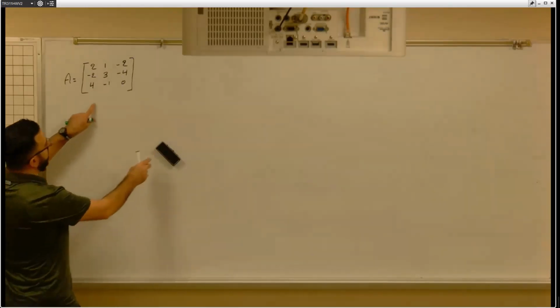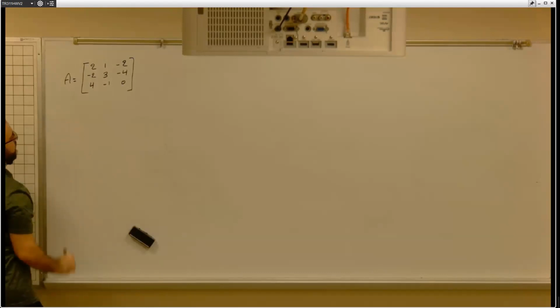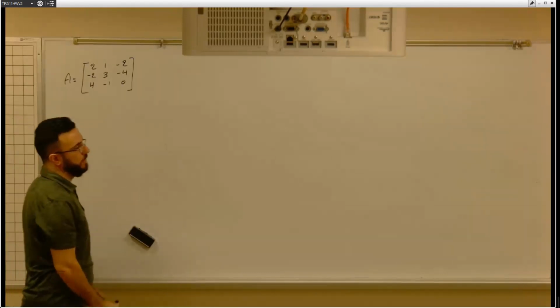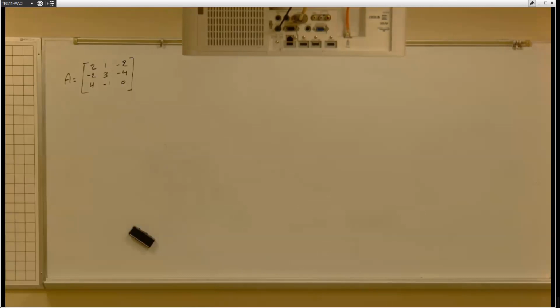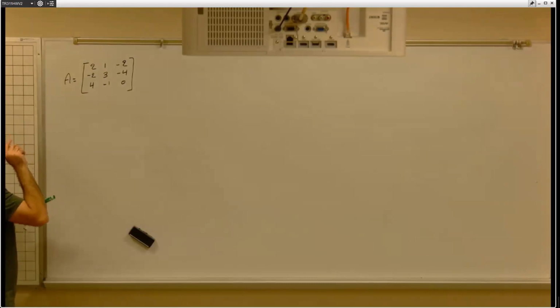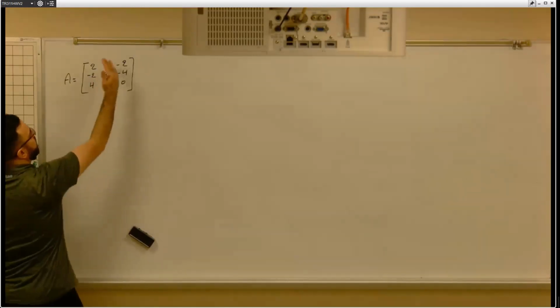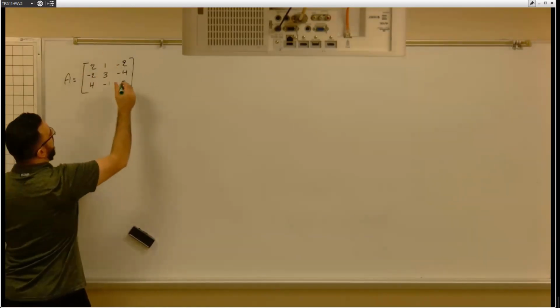So I'm going to start with this matrix. The first step to find the LU factorization is to reduce the matrix using row echelon form. First I'm going to find U, the upper triangle matrix. So here is the diagonal.